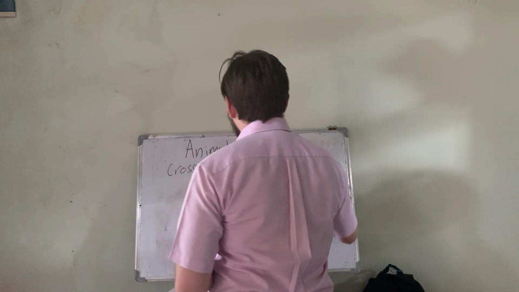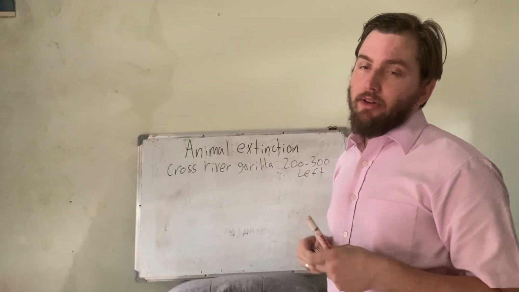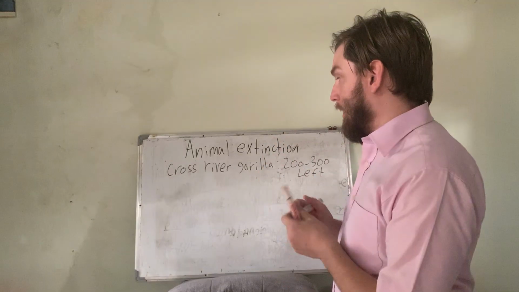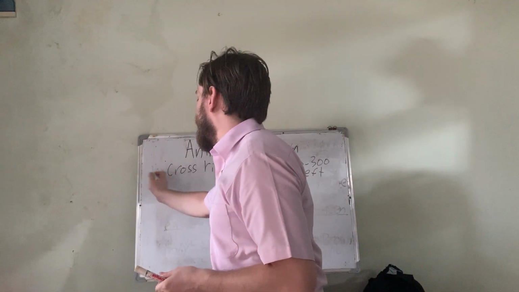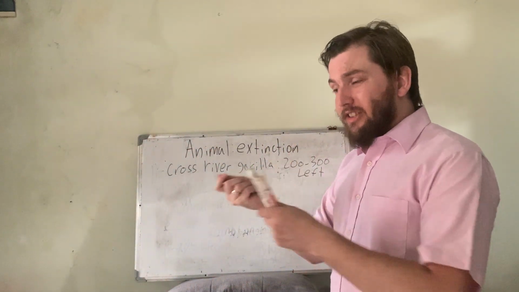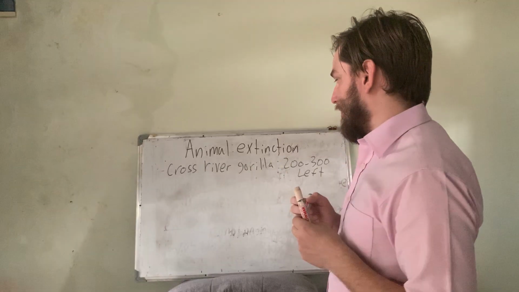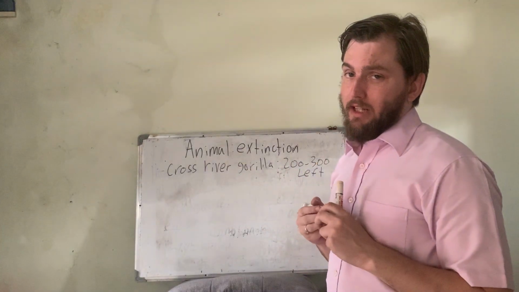That would put them on the list of endangered species. They're not extinct yet, but they are going to be extinct if we are not careful. They are hunted, their trees are being torn down, and other things like that. That's what's causing these gorillas to become extinct.